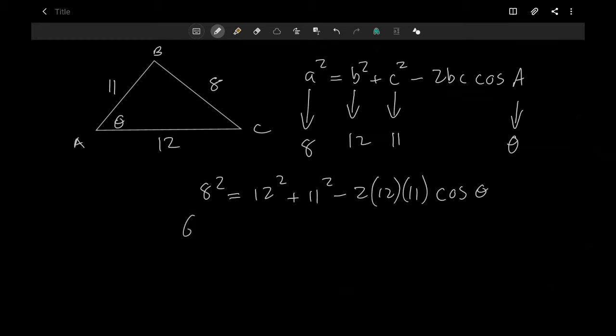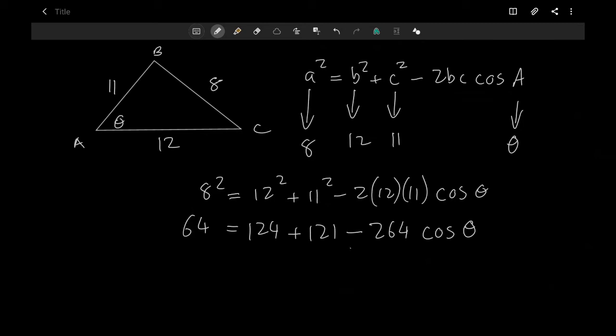Let's simplify this a little bit. 8 squared we know is 64, which is equal to 12 squared, which is 144, plus 11 squared, which is 121, minus 2 times 12 times 11, which is 264 cos theta.